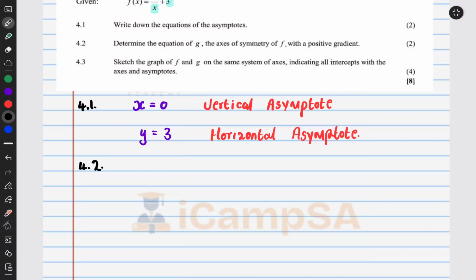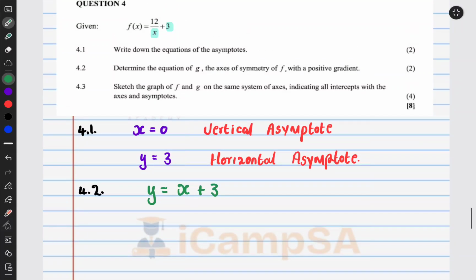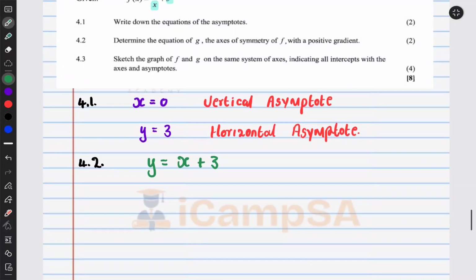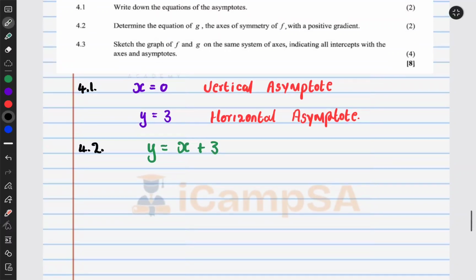So 4.2, the equation of the axis of symmetry with a positive gradient is y is equal to x plus 3, because it has been shifted 3 units upwards. If we were asked for the one with a negative gradient, we would have a negative x.